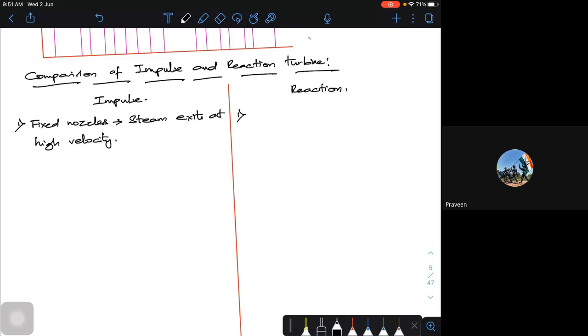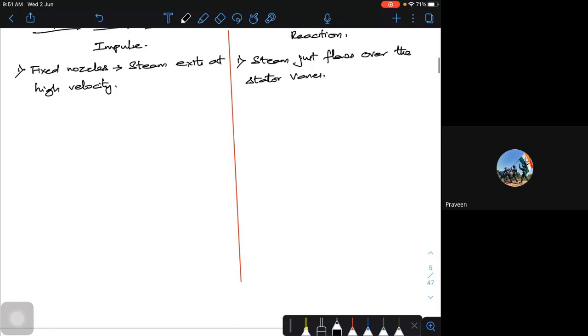But in the case of a reaction turbine, steam just flows over the stator vanes. I don't need any nozzle, just stator vanes. This is the first difference in the comparison.